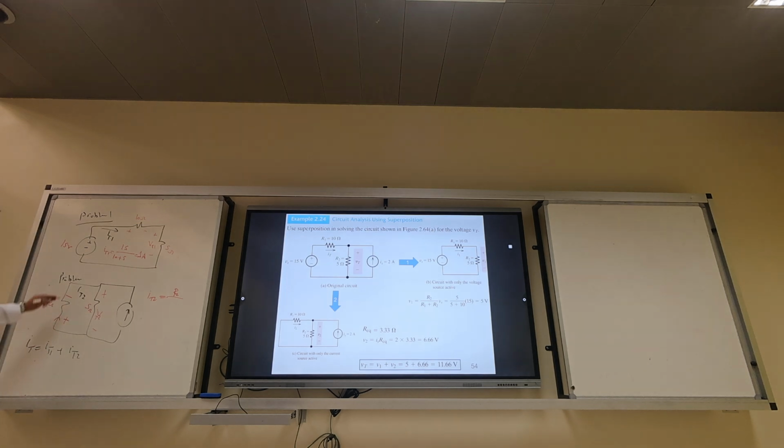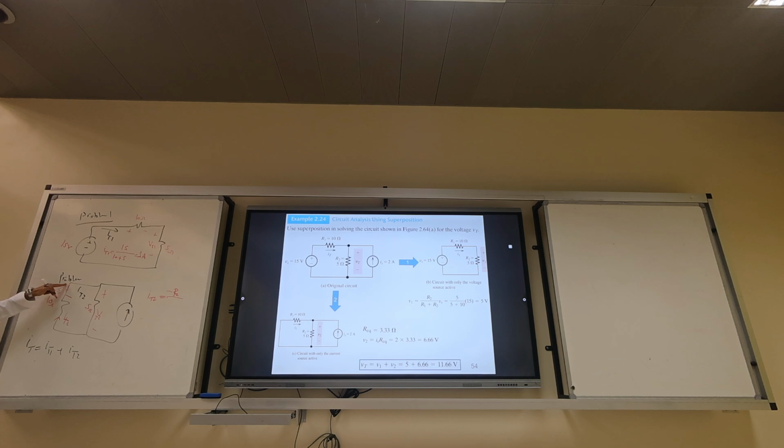Keep in mind that this current IT2 is negative of IT2. So IT2 is going from bottom to top, so you really need to add another negative. Not a passive sign convention, it's just that IT2 is moving from bottom to top.